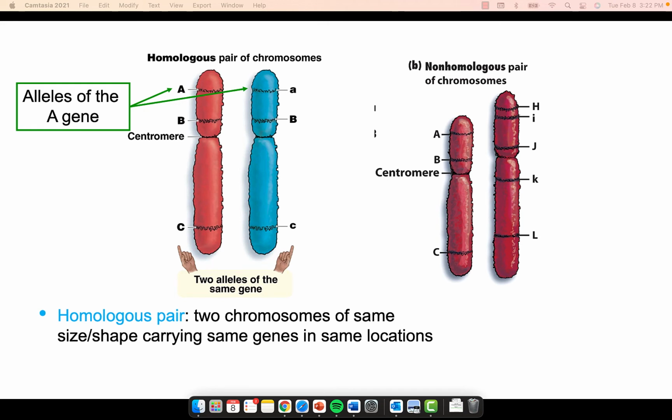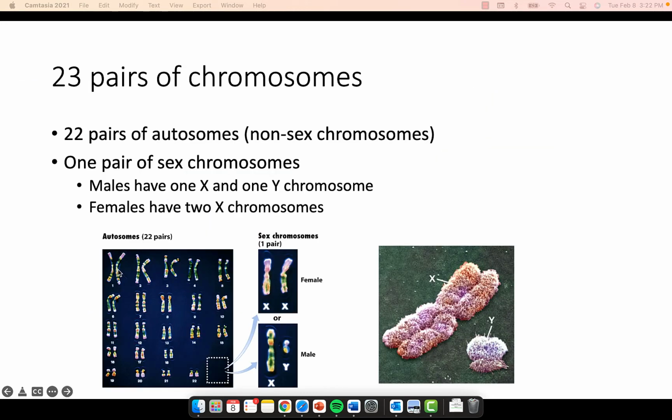And when I said homologous, you're probably wondering what I just said. This slide explains that a little bit. Homologous pairs of chromosomes basically mean that those 2 chromosomes have the same size and shape, and they also carry the same genes in the same locations. So this would be 1 pair, like chromosome 1 or chromosome 2.